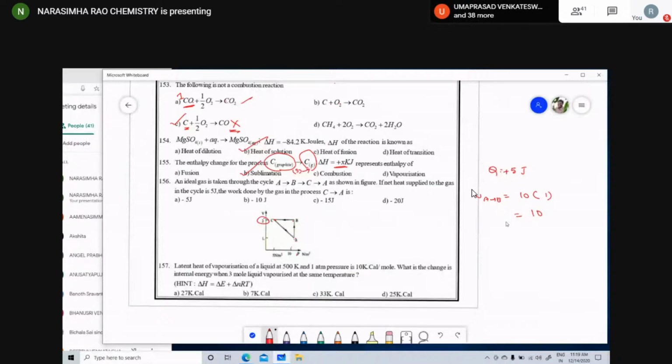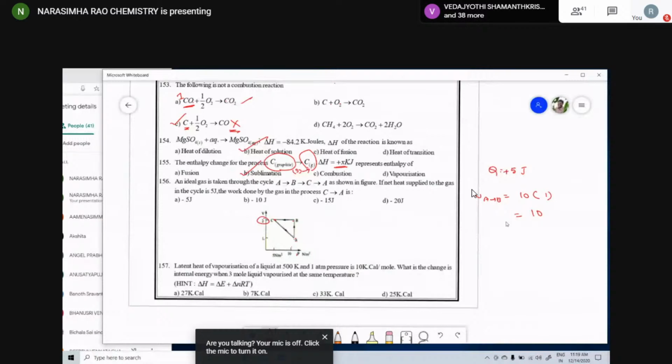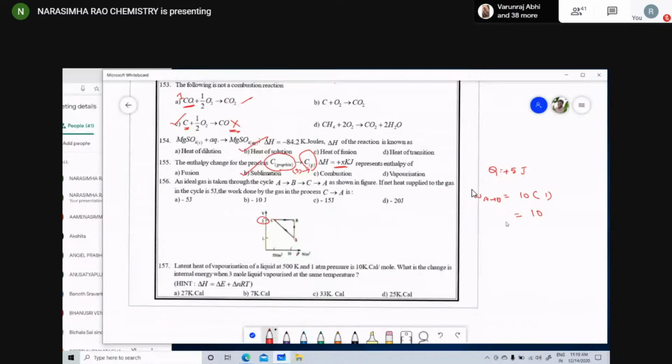Now use this equation: delta H is equal to delta U plus delta nRT. Delta H is 10, R is 2 by 1000 kilocalories, into 500 K. The 500 and 2 times 2 cancel. The change in internal energy is equal to plus 7 kilocalories.